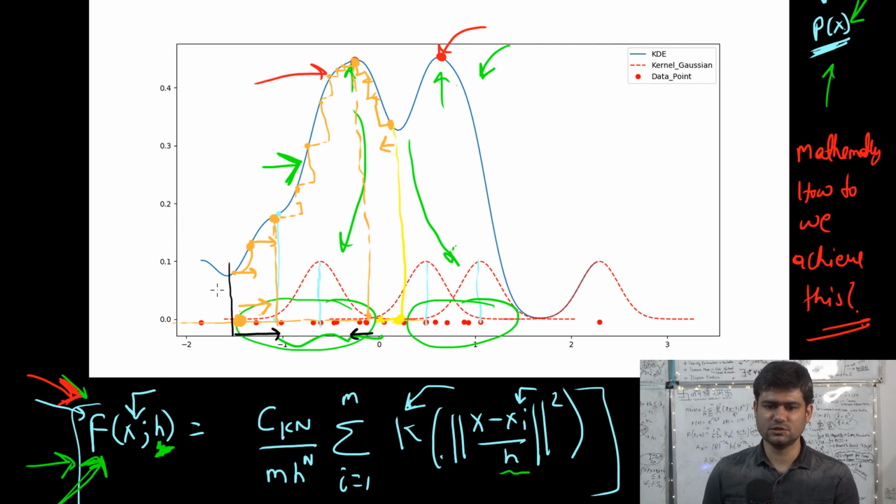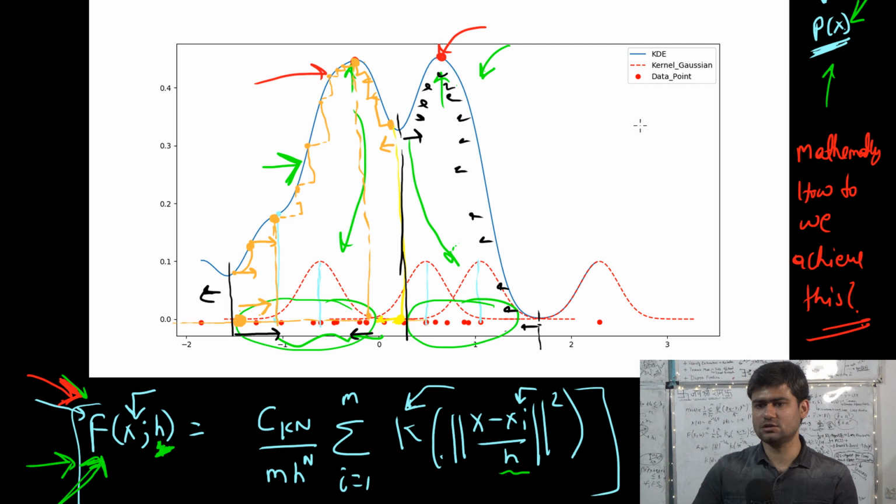If we go beyond this point, then we'll start moving in this direction. Similarly, if we go beyond this point over here, we'll start moving in this direction. And similarly over here, any point on the left will take us in this direction.